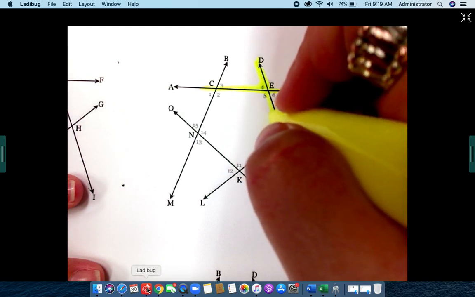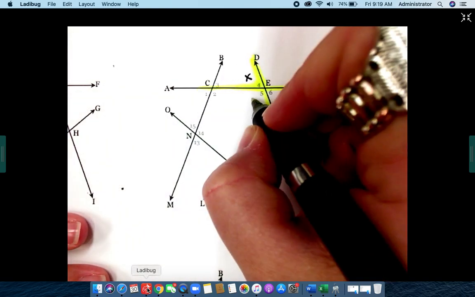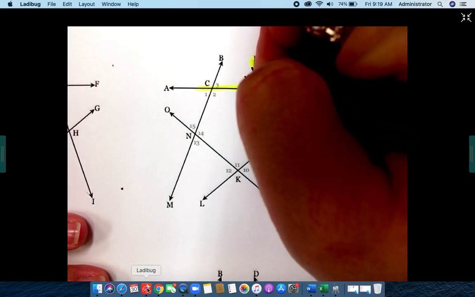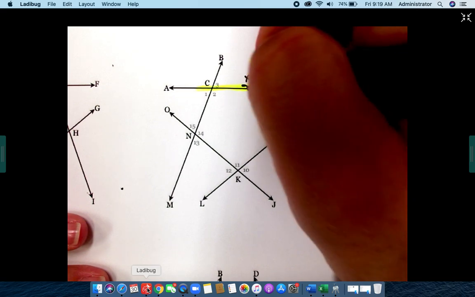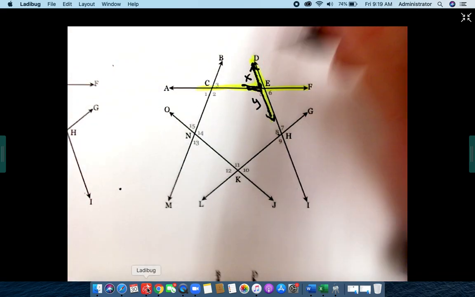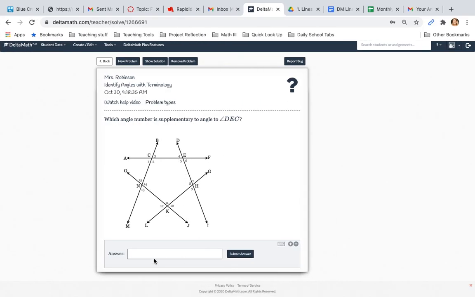So we're talking about these. So remember when I labeled like X and Y? If one is X and the other is Y, this is what I mean by a linear pair. Together they form this straight line. Okay? So 4 is a linear pair to 5. So they are supplementary.